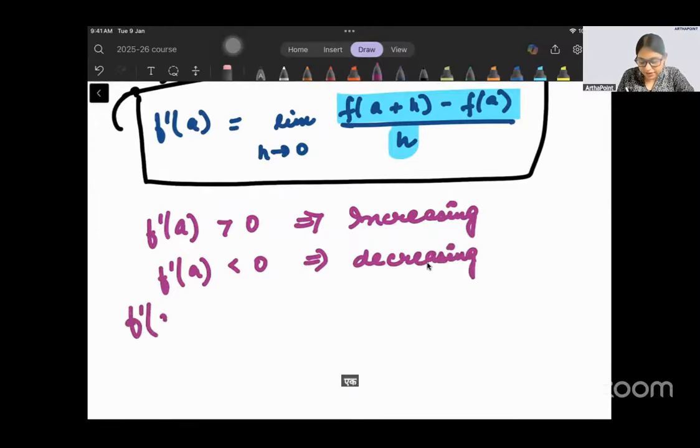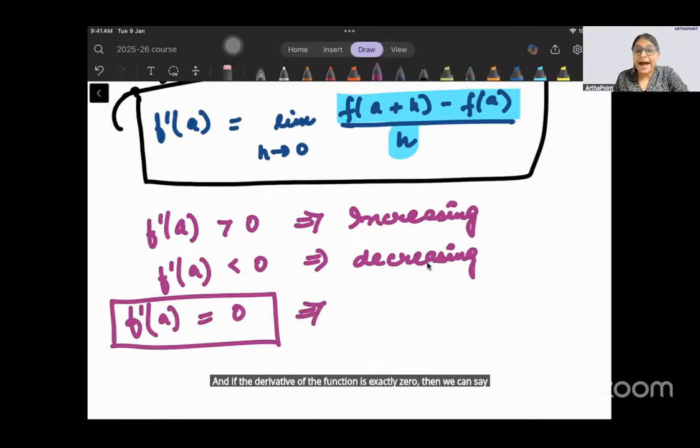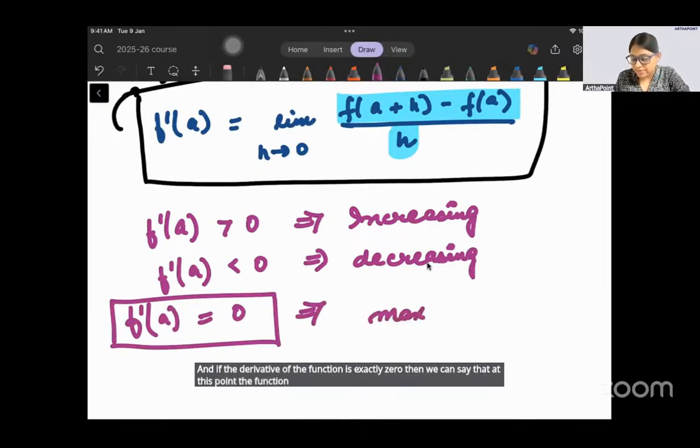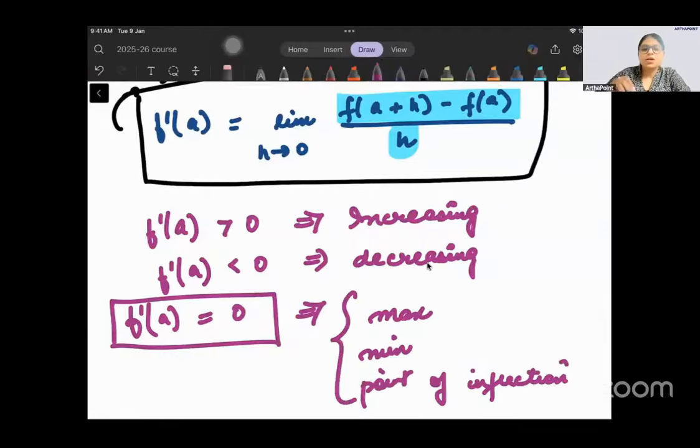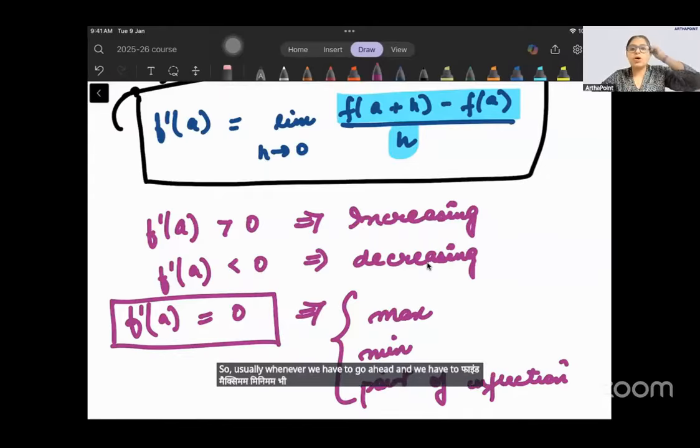And if the derivative of the function is exactly 0, then we can say that at this point, the function can have maxima, minima, or point of inflection. So usually whenever we have to find maxima or minima, we will find the differentiation. We'll do the derivative of the function and equate it to 0.